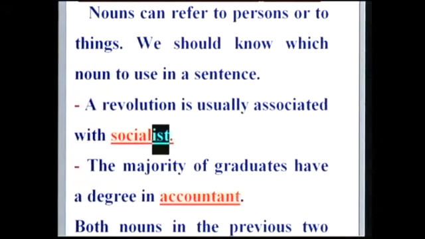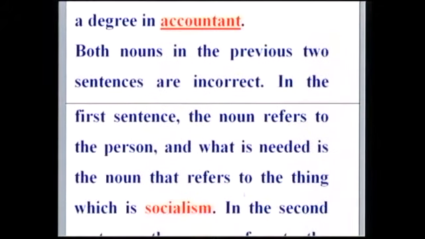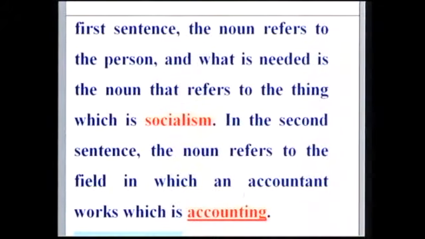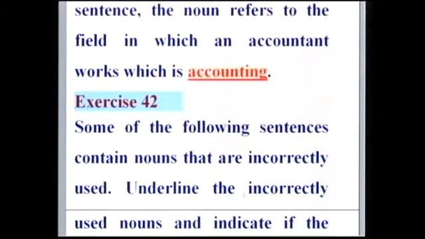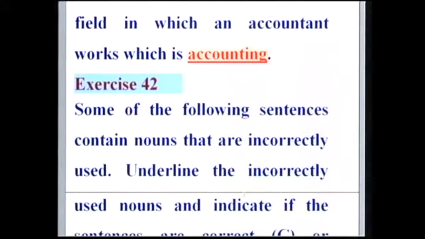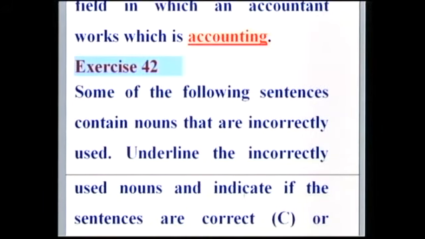In accountant أنا I need the field itself اللي هو المحاسبة اللي accounting. Alright. طيب تعالوا بقى نشوف الاكسرسايز دي. ده معناه ايه؟ يعني ده معناه ان لازم ابقى عارفة معاني الكلمات. I should differentiate between nouns. I should distinguish nouns that refer to persons and nouns that refer to things.